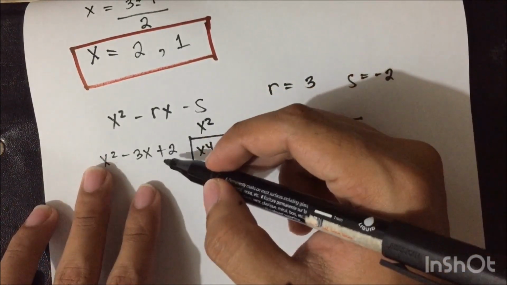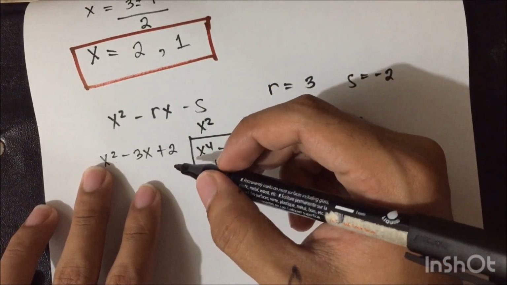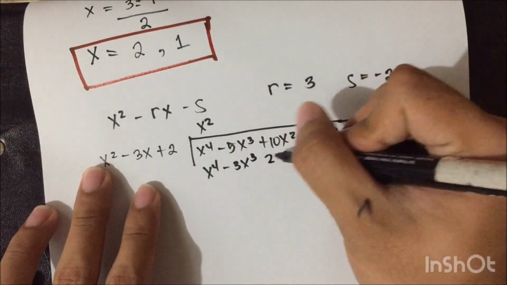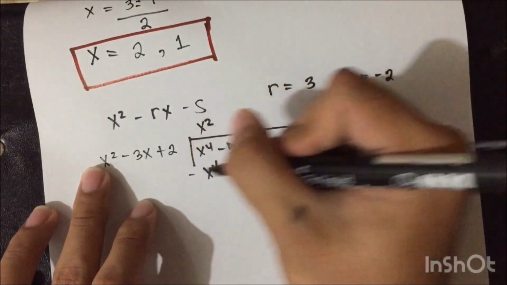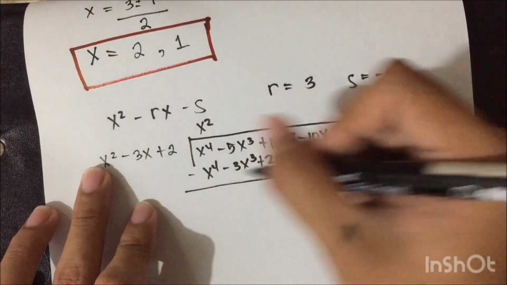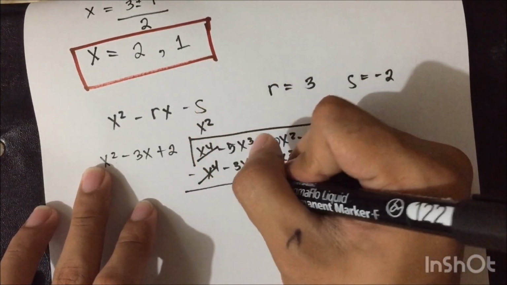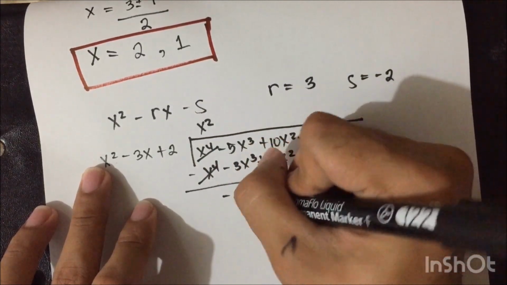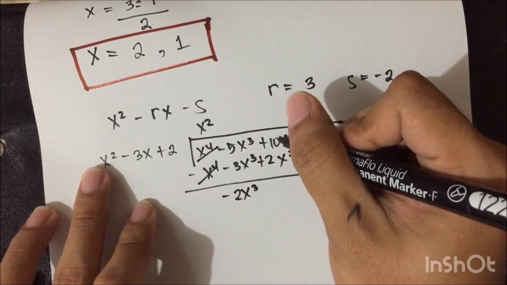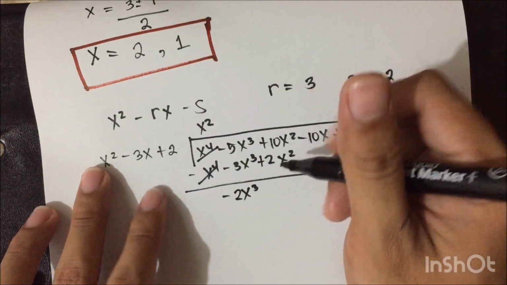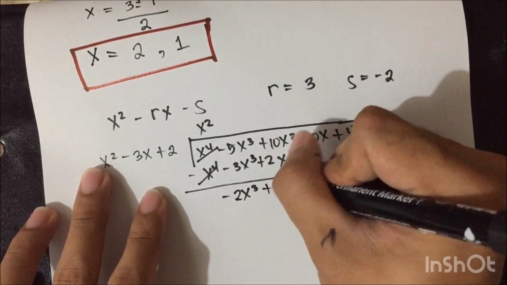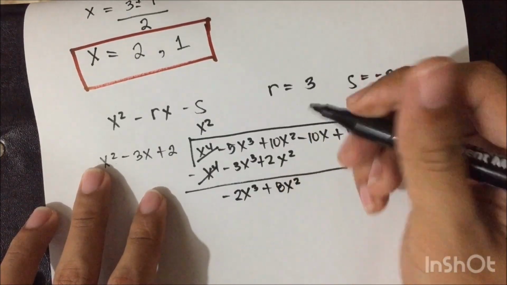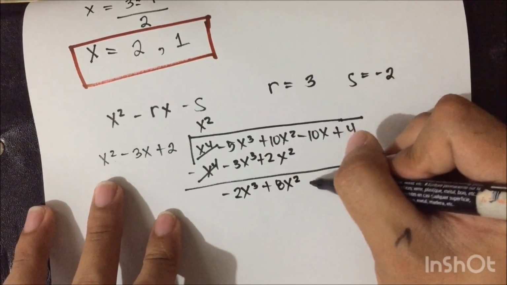X squared times 2 is 2x squared. So i-minus natin, makakancel na to, then negative 2x cubed, then 10x raised to 2 minus 2x raised to 2 is positive 8x raised to 2.